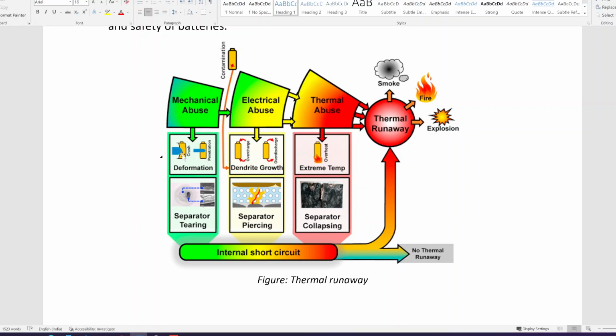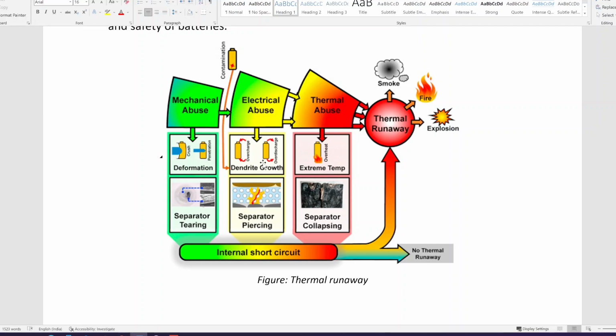So, for example, either because of reason 1 or reason 2 or contamination, if one cell gets heated up because of internal short circuit, the temperature around it would rise. If the temperature around one cell rises in the battery pack, and the pack has several cells next to each other physically, the temperature increase because of internal short circuit in one cell would result in overheating of the cells in the neighborhood of that particular overheating cell.